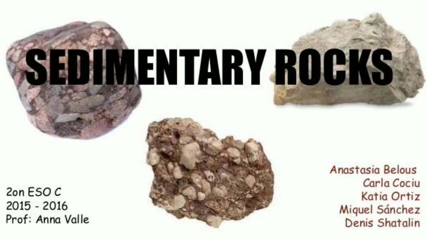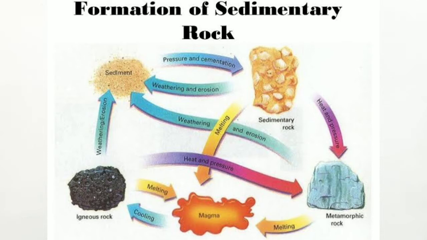Next we will be discussing sedimentary rocks. The word sediment is taken from the word sedimentum, which means settle down. These rocks are generally formed by the sediments of other rocks.